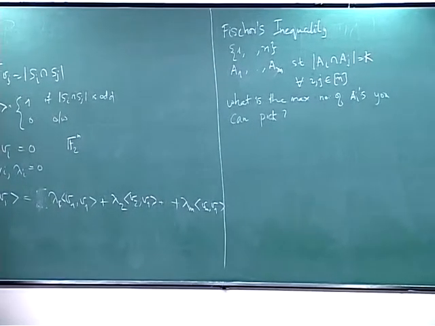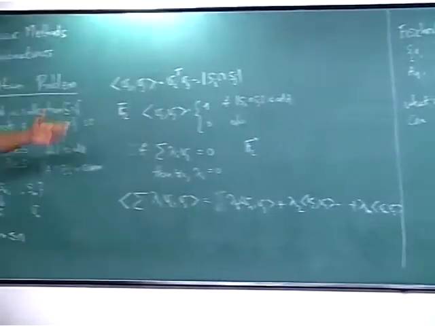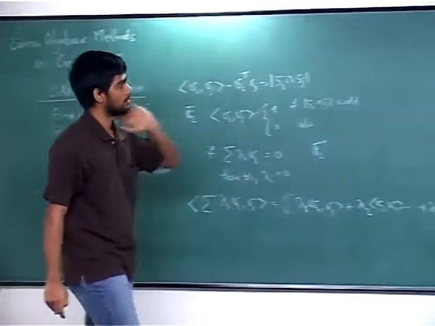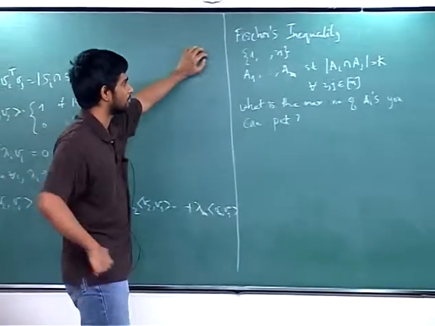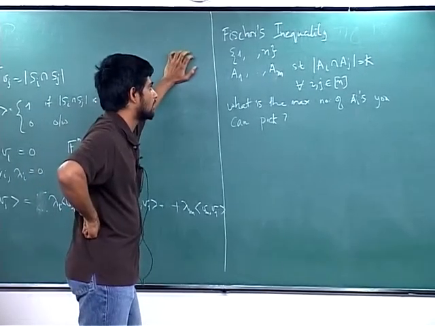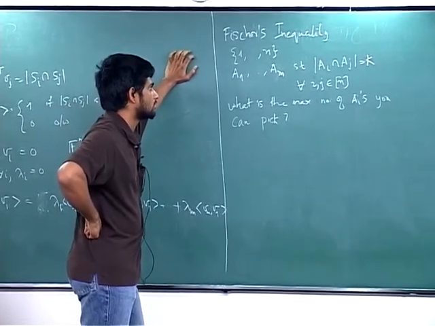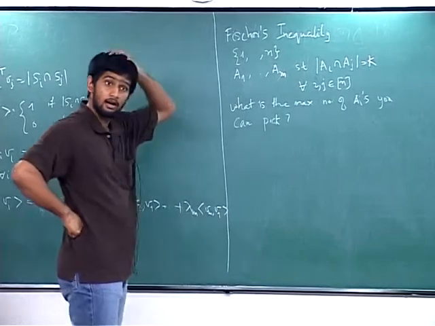It is very similar to this problem, but you don't have this restriction. What do you think is a possible answer for this? Suppose I give k equal to 1.